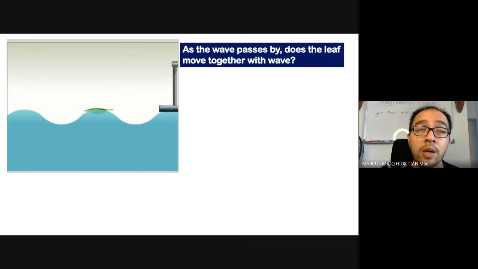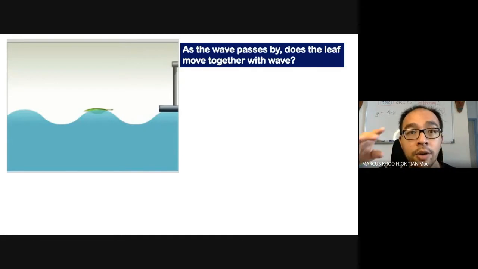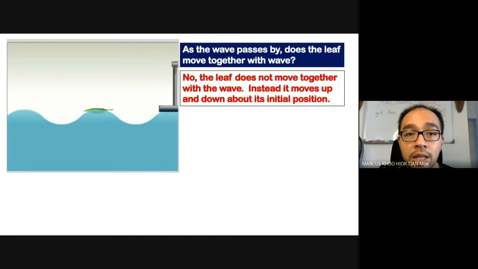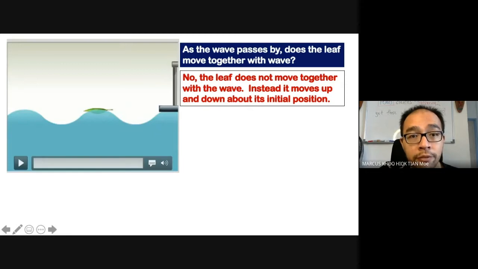And we tend to confuse this because we tend to think that when we swim, or when we are riding a wave, if you've ever gone surfing before, the wave is bringing us along. Actually, it's not. The leaf does not move together with the wave. Instead, it's just going up and down about its initial position.